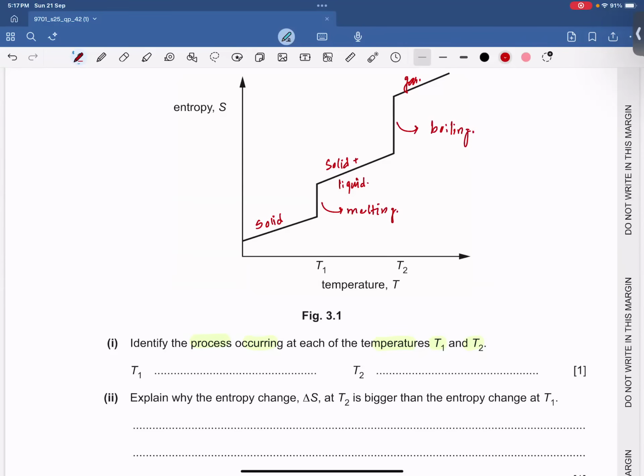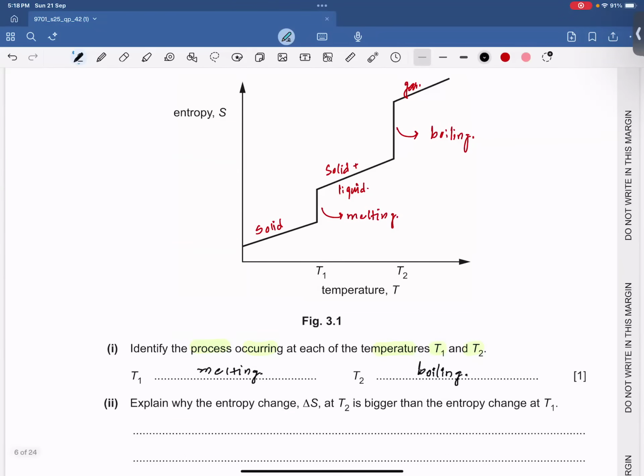All right. So first, solid changes into liquid, then liquid and solid both exist simultaneously, then liquid will turn to gas. The first stage is melting and the second stage is boiling. So I'm going to write melting and boiling. Okay.